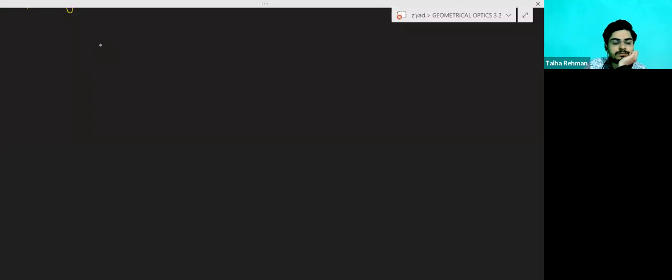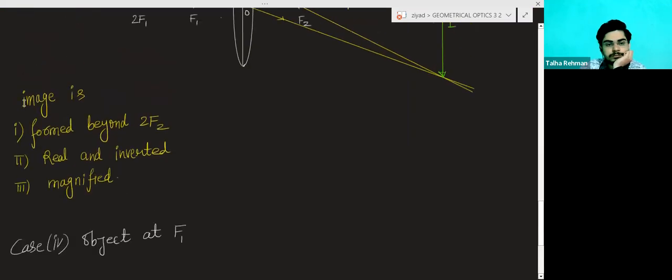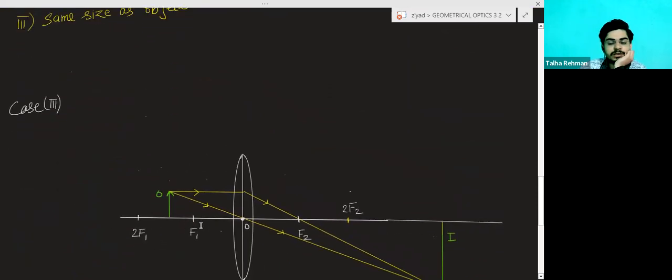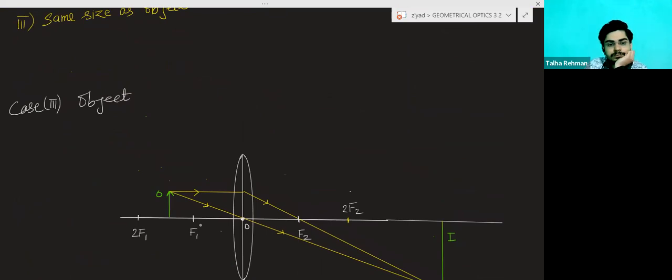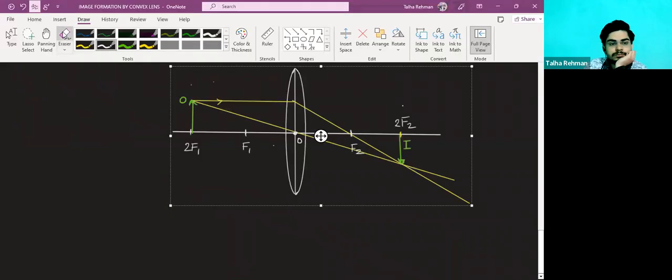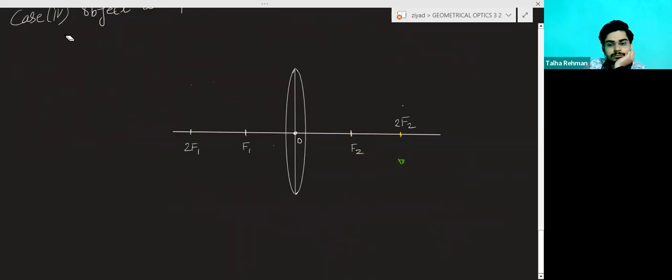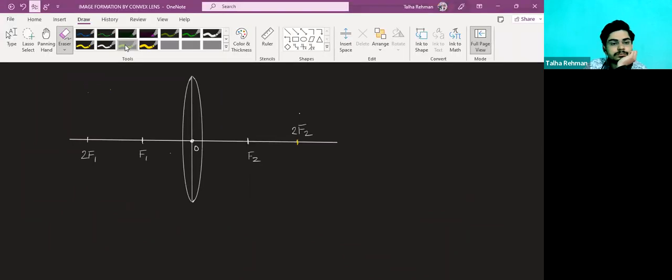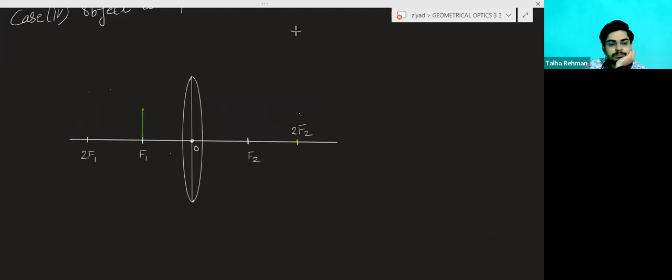We will place the object at focus. This is the object placed at focus.